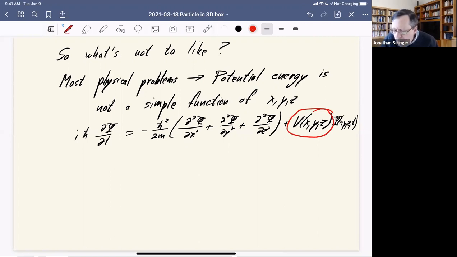So in most physical problems, you can't do a separation of variables between x and y and z.